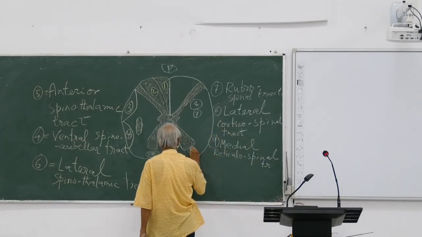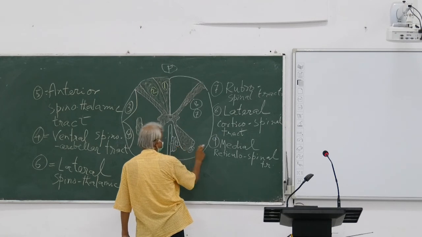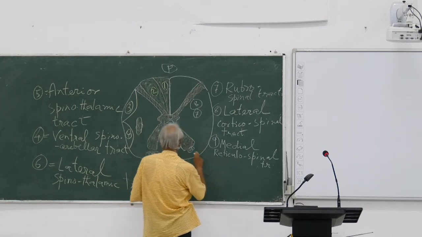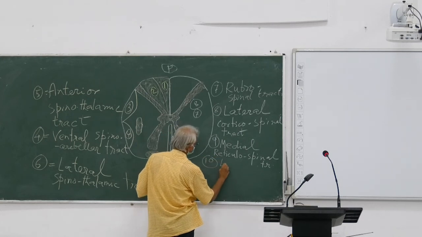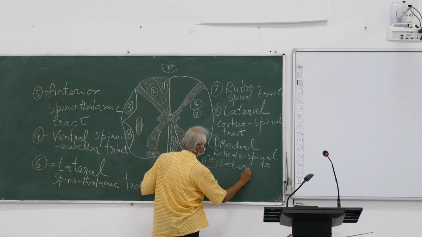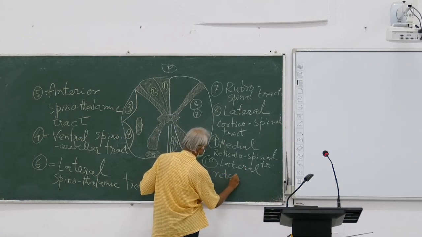I better call it 10, not this. So 9 is medial reticulospinal tract. 10, this one is lateral reticulospinal tract.